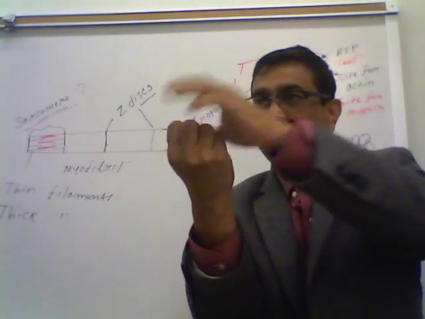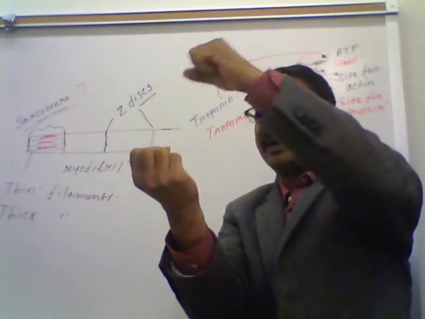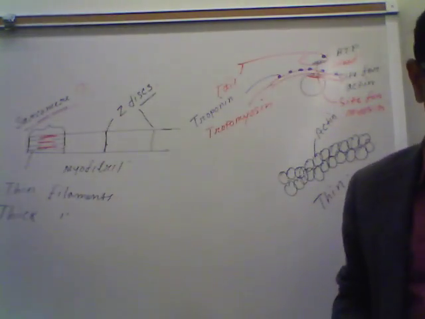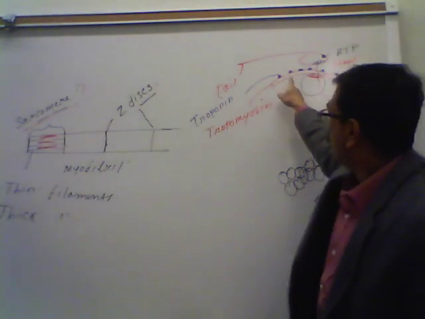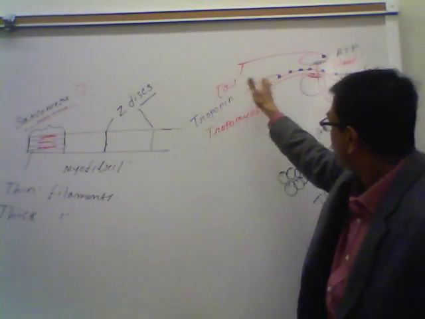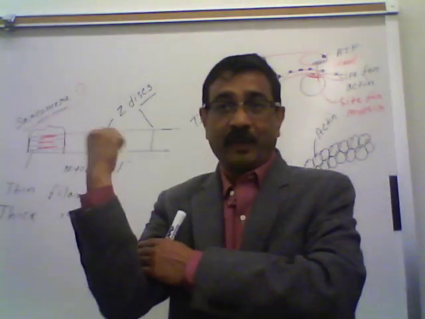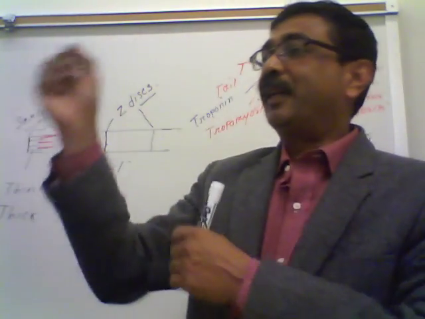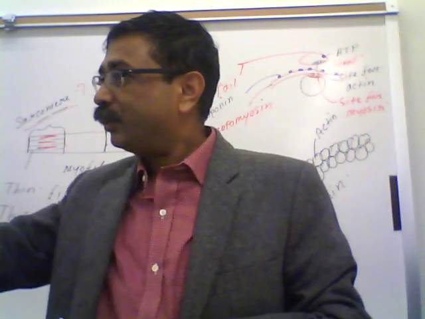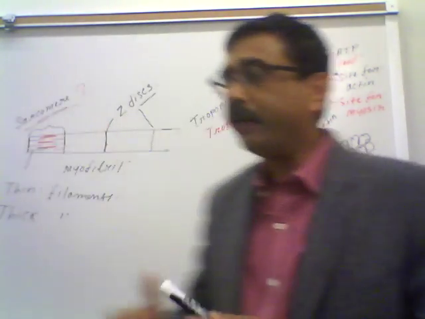Make sense? So how does that happen? To move the tropomyosin away or to the side, you need calcium. That's why we say calcium is very important for muscle contraction. Calcium is needed to move the rope away.